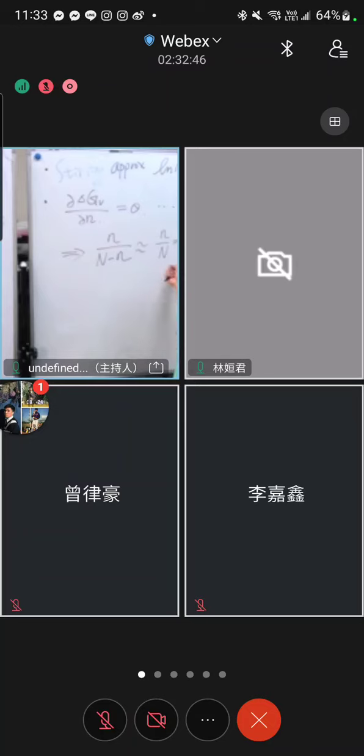Okay, this is how you derive the probability to form a vacancy in a crystal. This is the vacancy number. This is the crystal atom size.